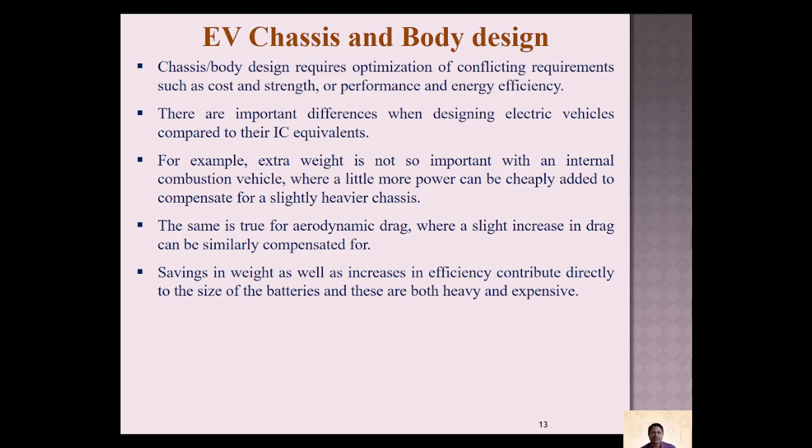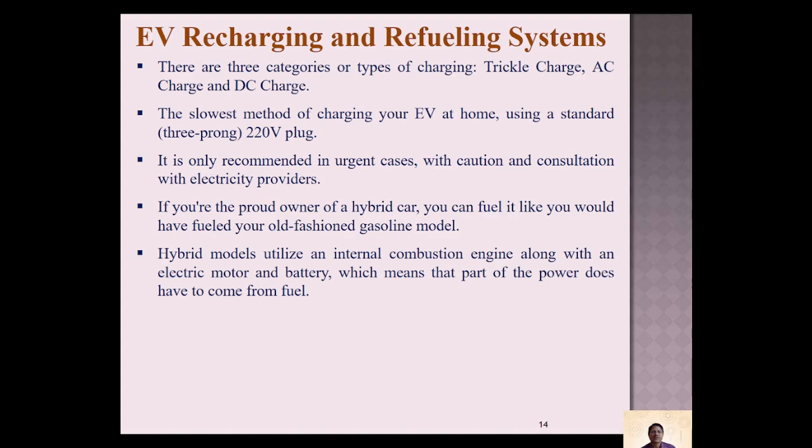Savings in weight as well as increases in efficiency contribute directly to the size of the batteries, and these are both heavy and expensive. Aerodynamic drag and a slight weight increase in a truck can be similarly compensated for.